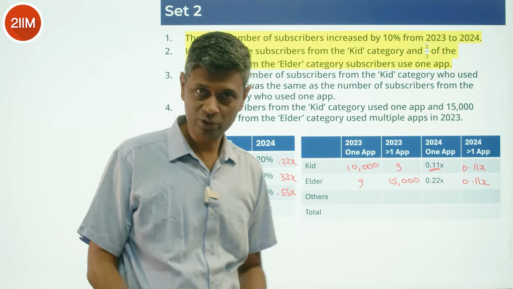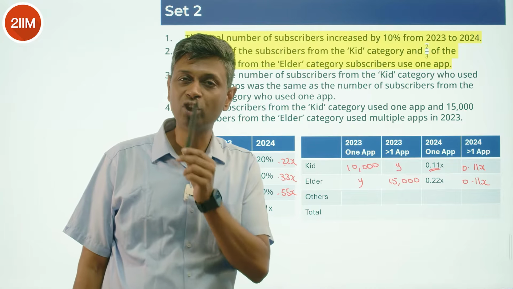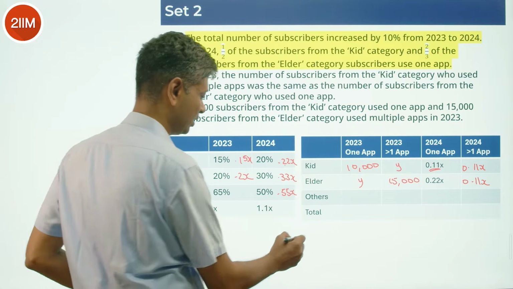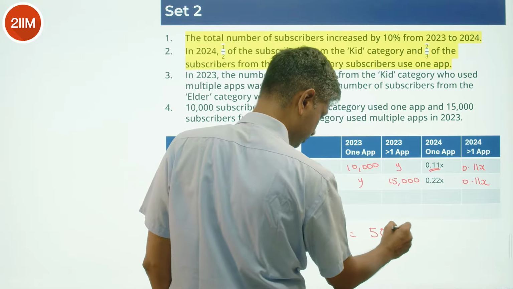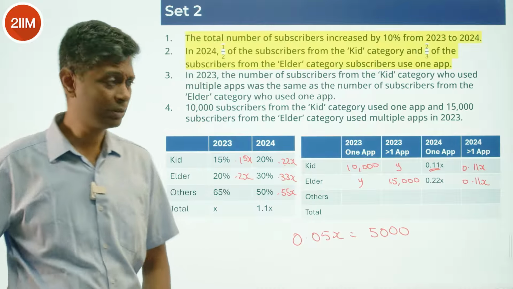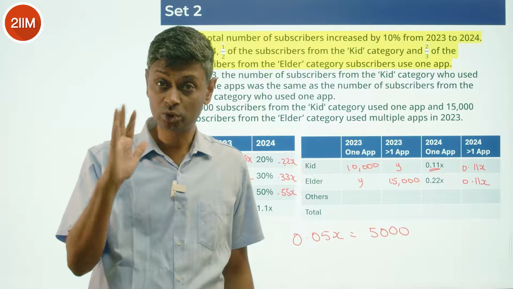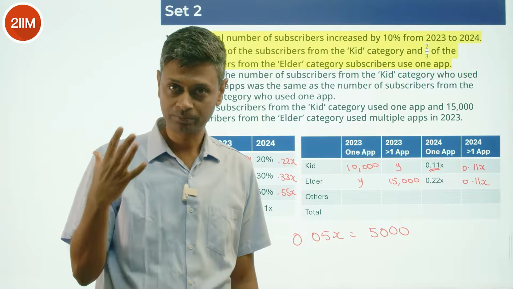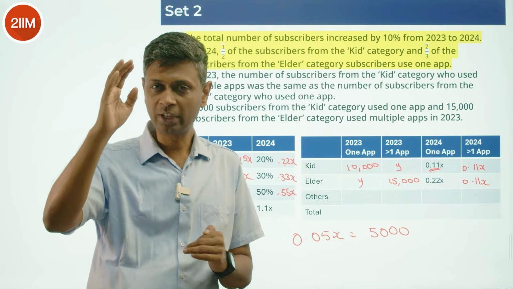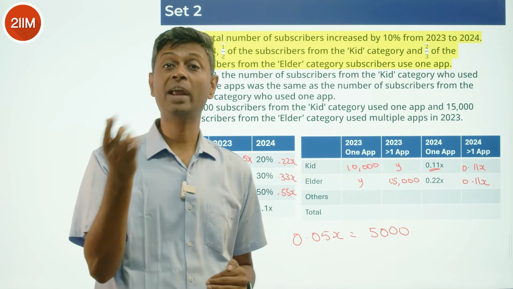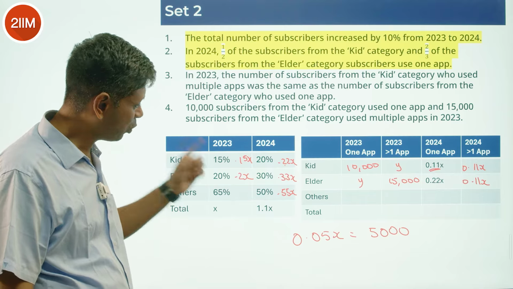The difference between these two, this is 0.15x, this is 0.2x. Difference between these two is 0.05x, or 0.05x equals 5,000. I do not have to have a complicated equation, these two are equal. From here to here, kid to elder in 2023, 5,000 people more. One is 10,000 plus y, other is 15,000 plus y. 5,000 more elders are there in 2023. 0.15x is kids, 0.2x is elders.